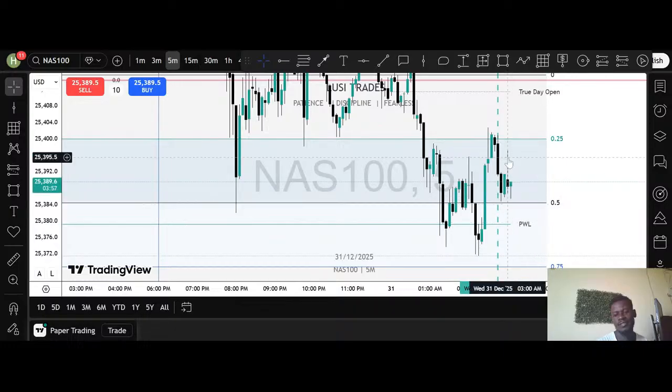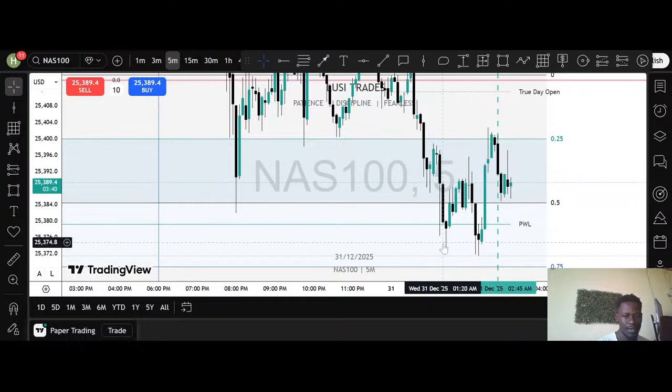So right now this CB is holding. It's holding. So it's a tug of war. But then let's see. We're having this low, high, lower low.